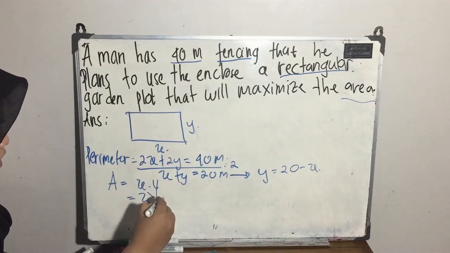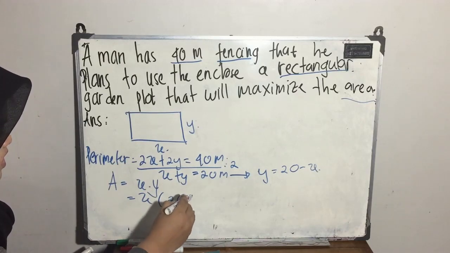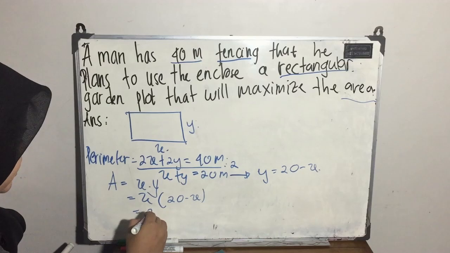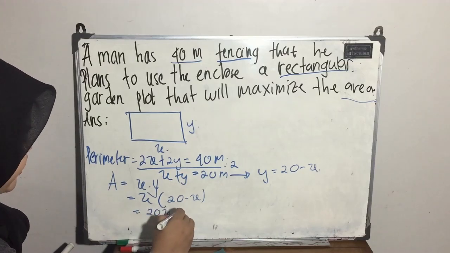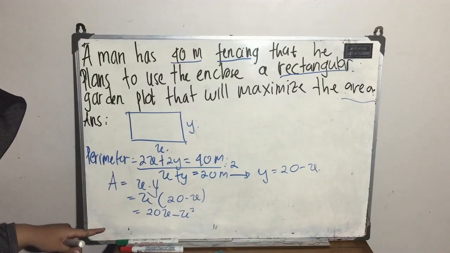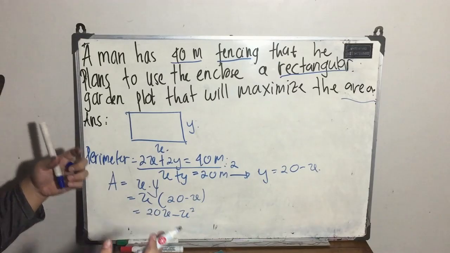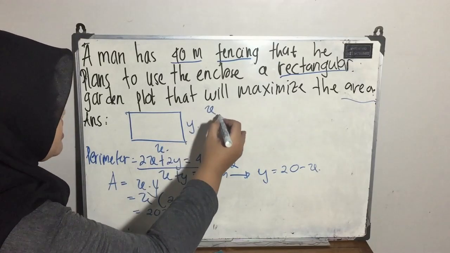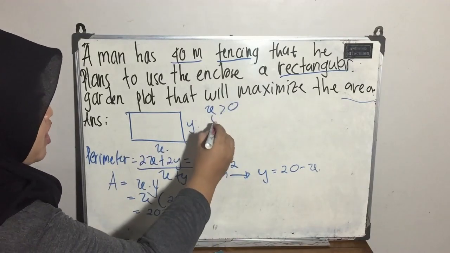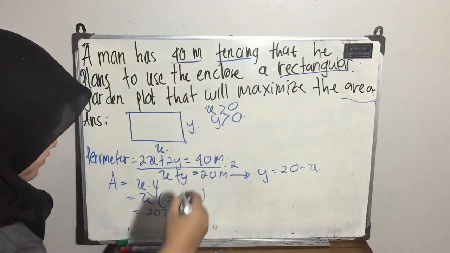So x times (20 minus x) is equal to 20x minus x squared, everyone. So do you understand from here? Because it's impossible if x is less than 0, x should be more than 0 and y is more than 0.